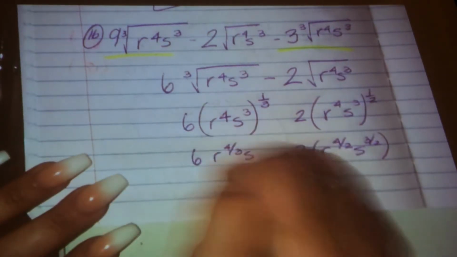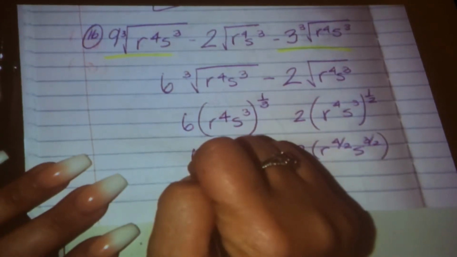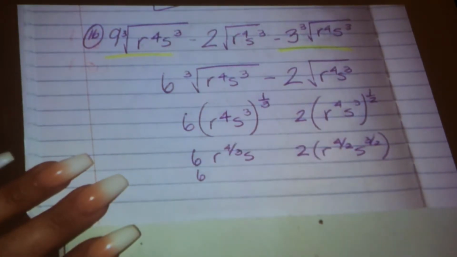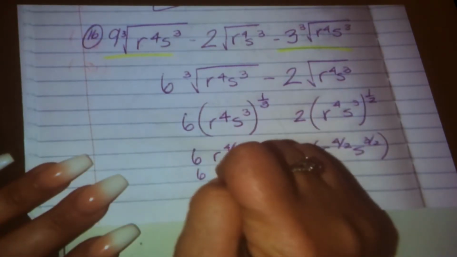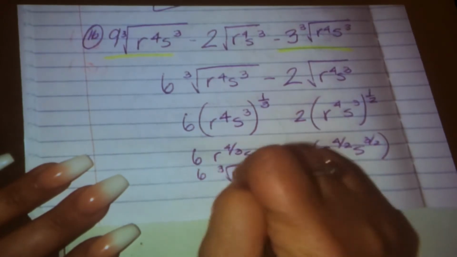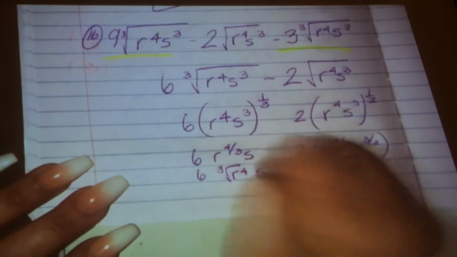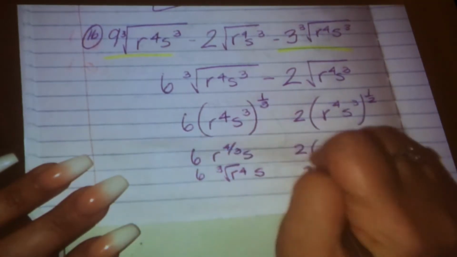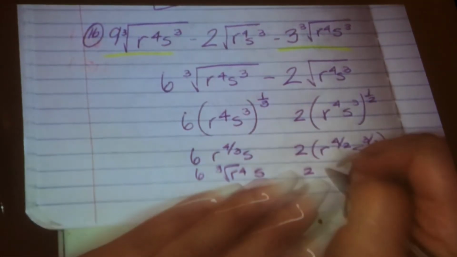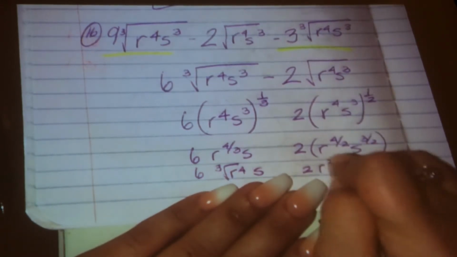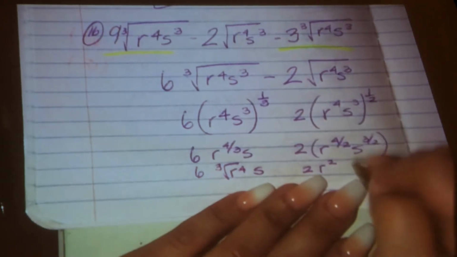This is the same thing as the cube root with 4 people in it. This is just s. This is just a 2. What's 4 divided by 2? What's going to happen here? r squared. Good.